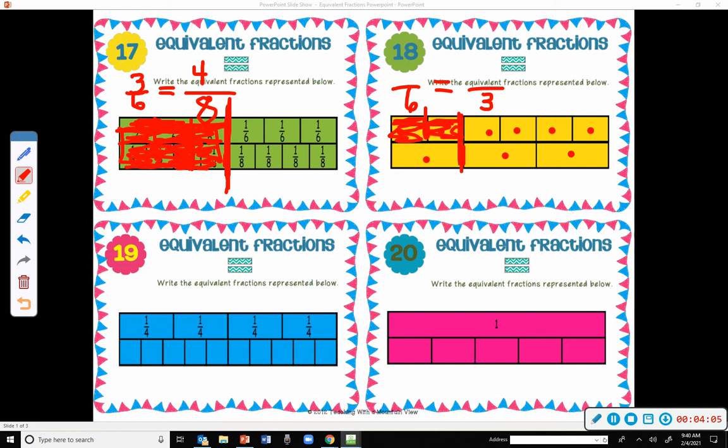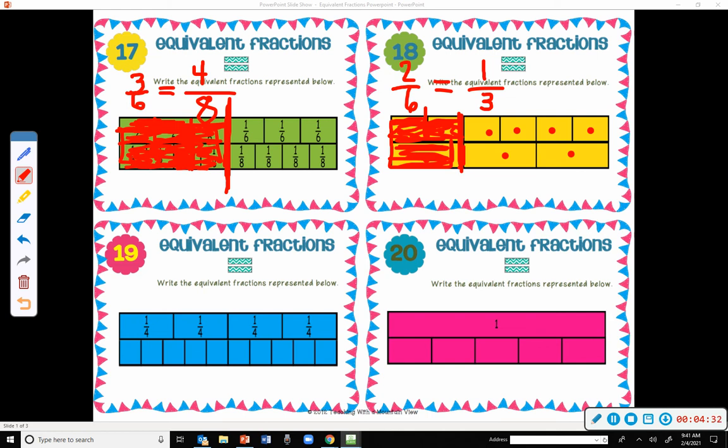Yes. So what does that mean? That means there's 2/6. Good. I've shaded 2/6, and it equals the same amount as what? 1/3. Good. So these pieces are equivalent, 1/3 and 2/6.